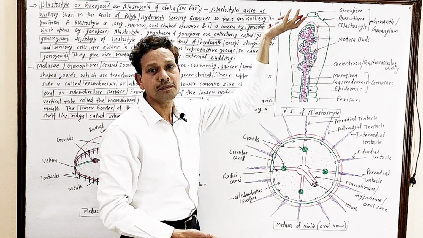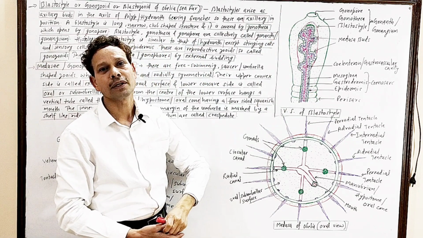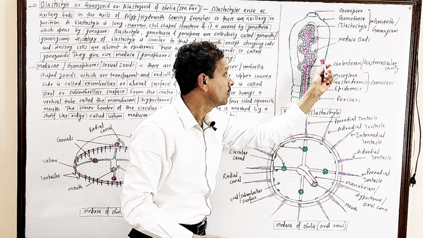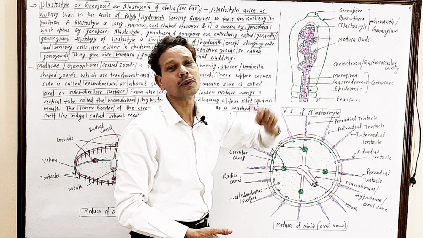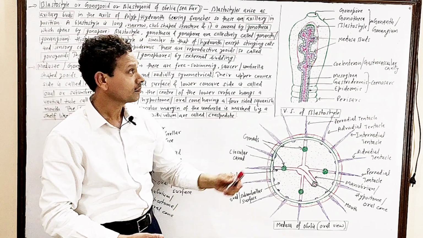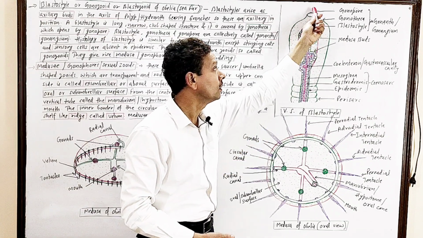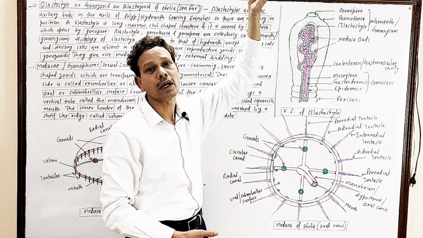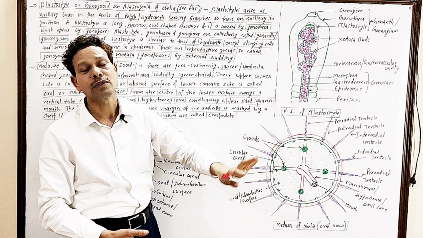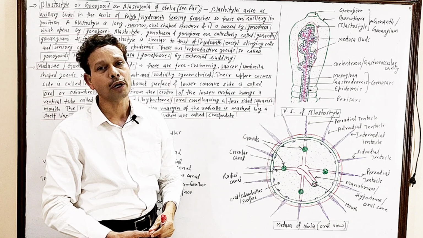It produces a club-shaped extension which covers this Blastostyle, and it produces the Gonotheca, the outer coat, which opens by the gonopore. Through this gonopore, these mature Medusae are released in seawater.